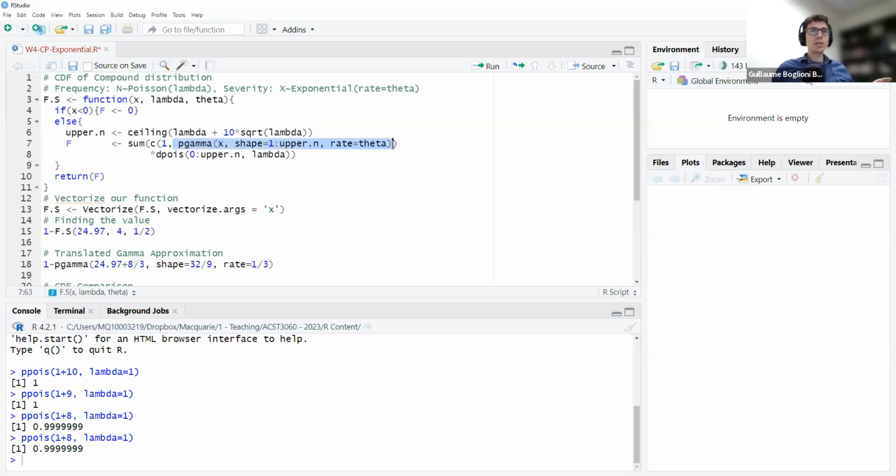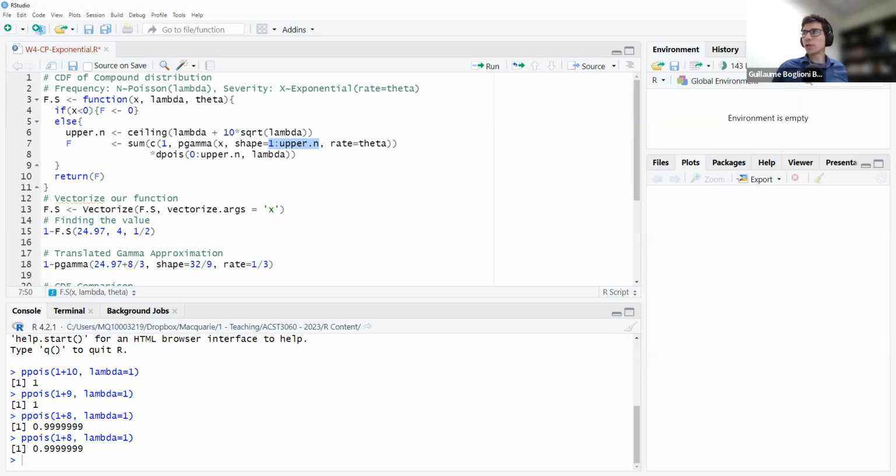Then all the other ones are just the CDFs of a gamma with parameter n. Because R is vectorized, I can pass to the shape a vector of parameters. Here the shape is going to be 1, 2, 3, 4, because that's the shape for every term in the convolution formula.